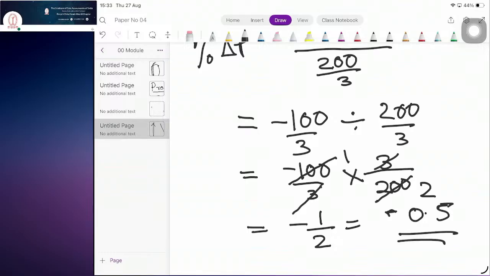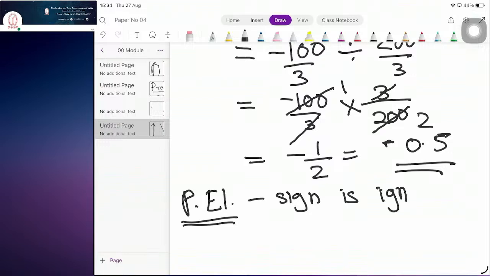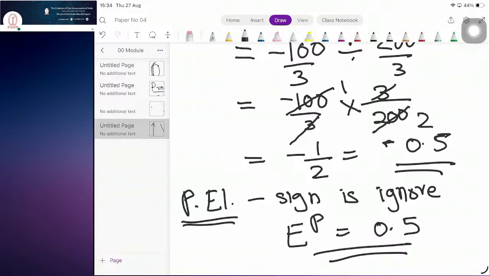Now remember, for price elasticity only, the negative sign is ignored. The price elasticity is 0.5. Is there a 0.5 in our answers? Yes, so our answer would have been A.